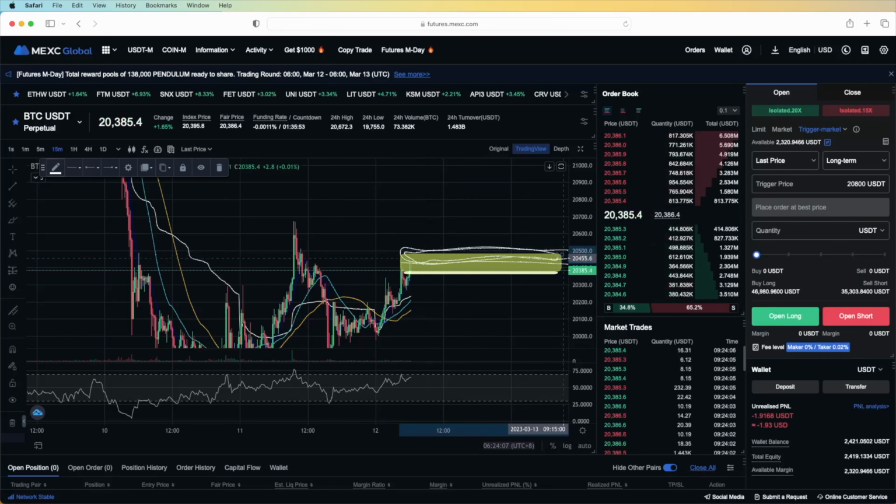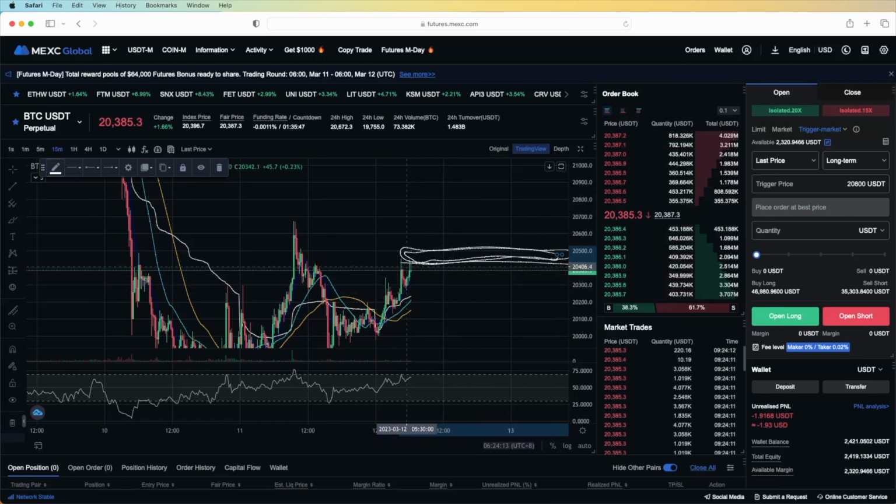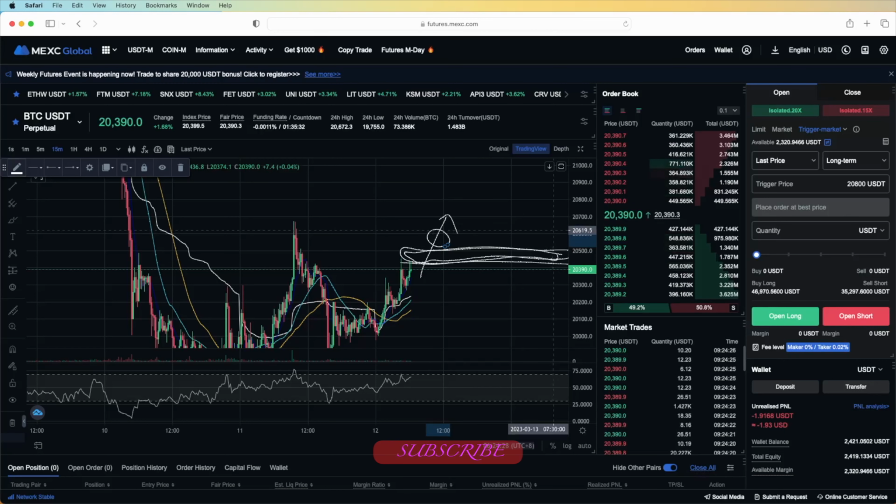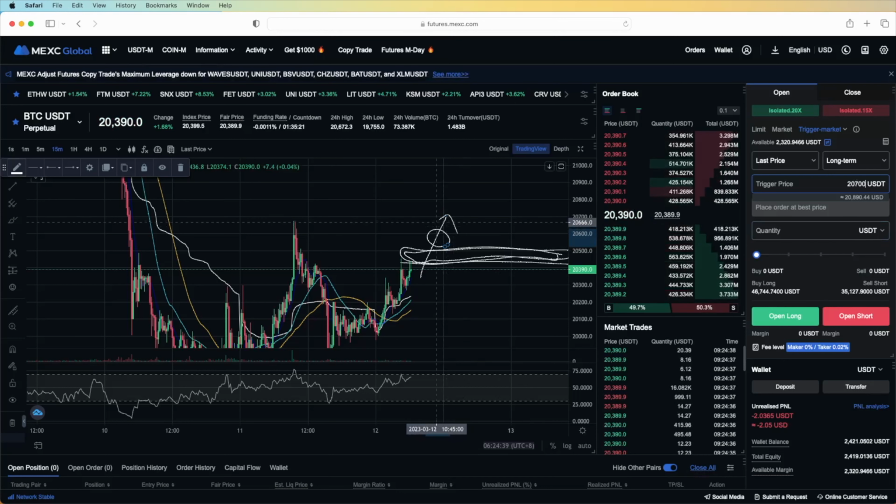We're gonna open the position when the price breaks above this area, for example, 20,500 is big resistance for us. We're gonna put a trigger price at 20,700, and when the price breaks above this area 20,700, as a market order, they're gonna open the position for us.